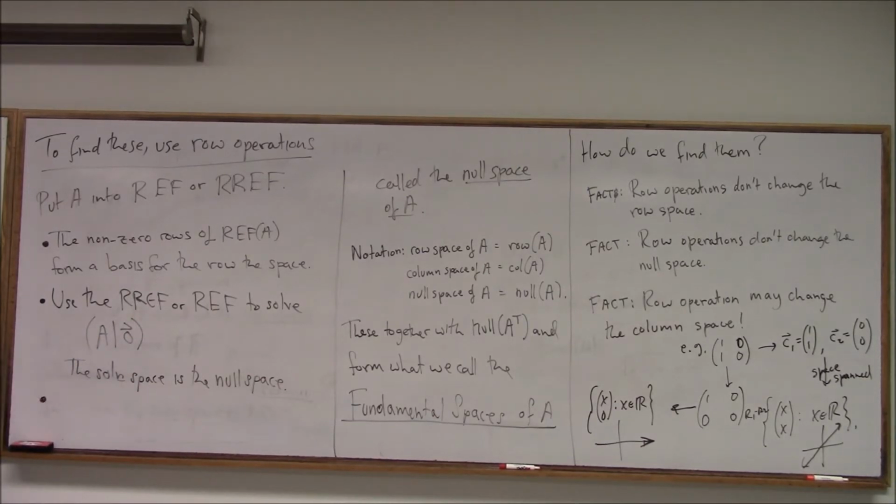Finally, for the column space, we have to be a little bit careful. Now you look at not the reduced row echelon form, but the reduced row echelon form will hint you which vectors you want to choose.